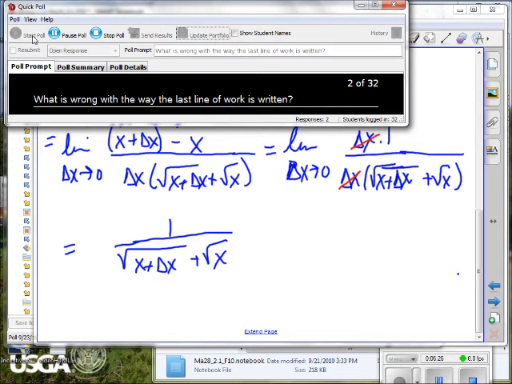A couple people know. At least have a response. Again, if you don't know, if you don't see anything wrong with it, you communicate that to me.